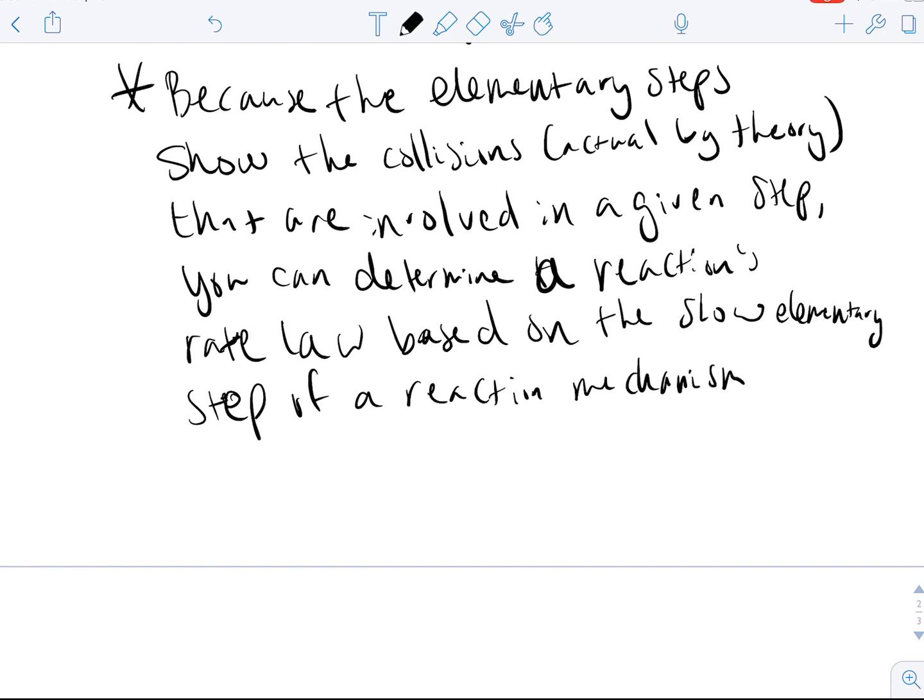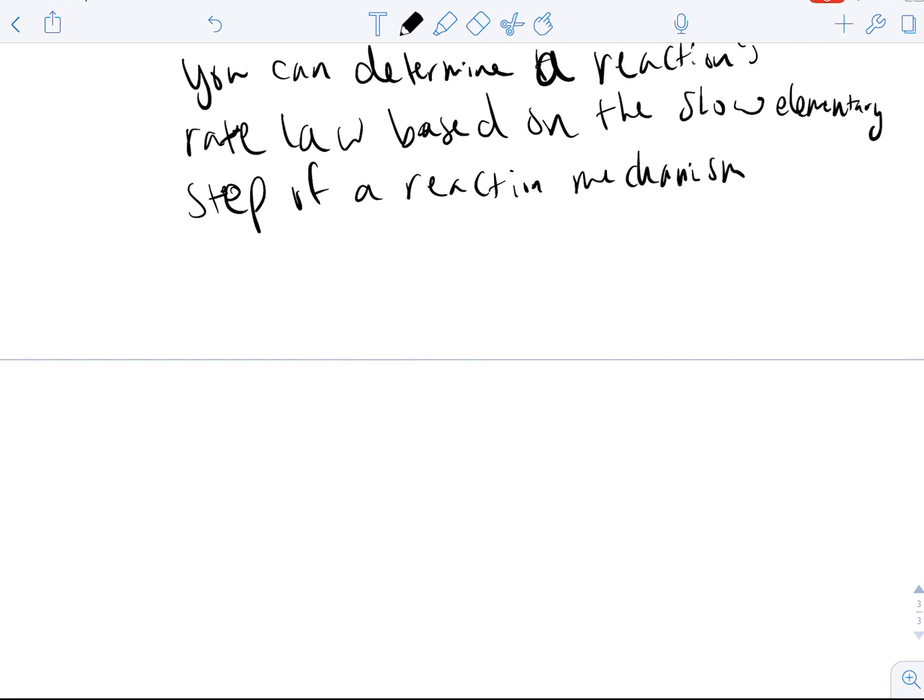With the overall reaction, we look at the energy of the reactants and the energy of the products, and the activation energy is just kind of like a combination of all the activation energies of our elementary steps. But with a mechanism, where we're actually showing the different steps, the different collisions, we have fast and slow steps within.